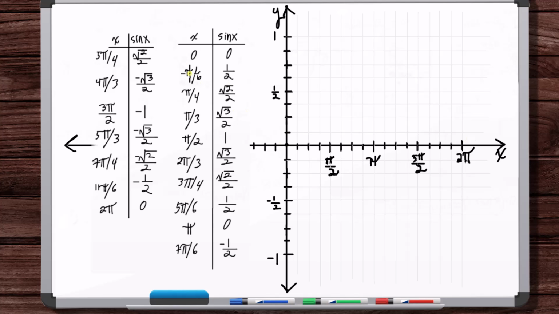Now pi over 6. So this is pi over 4. Each of these ticks is pi over 8. So 1/6 is about 0.17. 1/8 is 0.125. 1/4 is 0.25. So about right here. And then we go to 1/2.